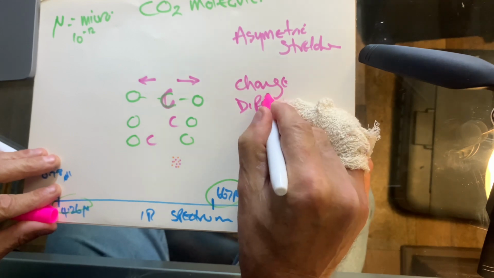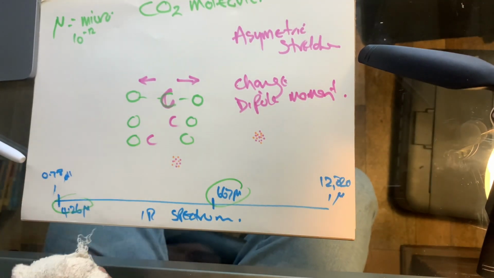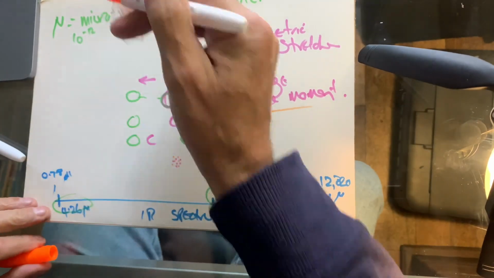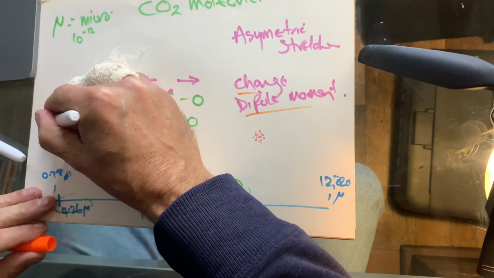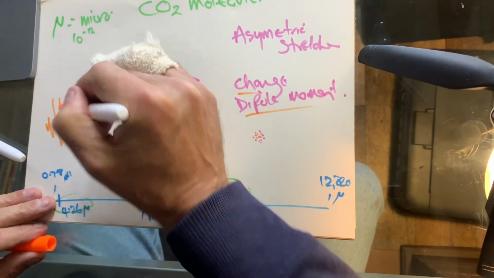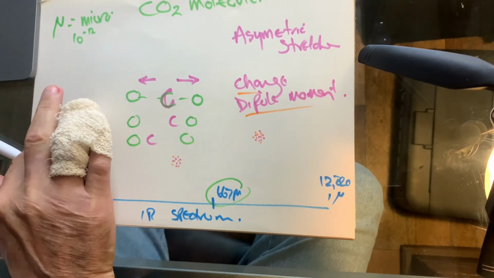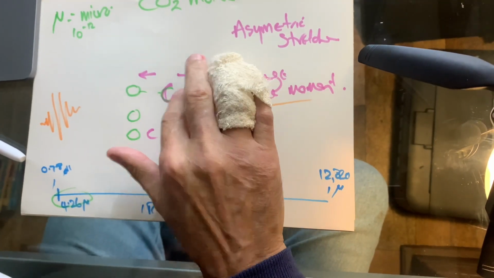the dipole moment. Now, if you change the dipole moment by bringing in your infrared photon, let's represent it like this. That's an IR photon. Boom, it hits the CO2 molecule.